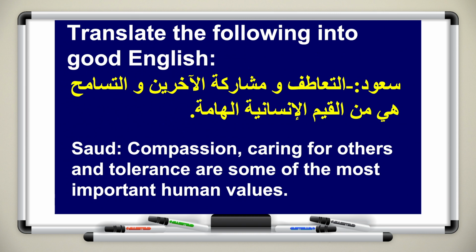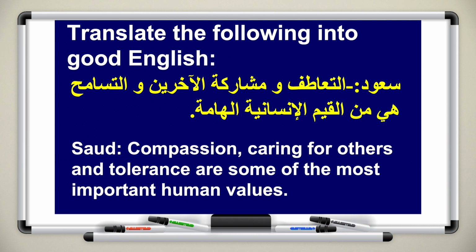I can say sharing with others or caring for others. التسامح. Can I say forgiveness? Yes. Can I say acceptance? Of course. If you don't remember the word tolerance, it's okay to use other synonyms that means تسامح.